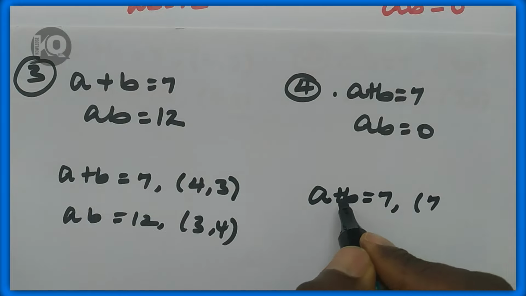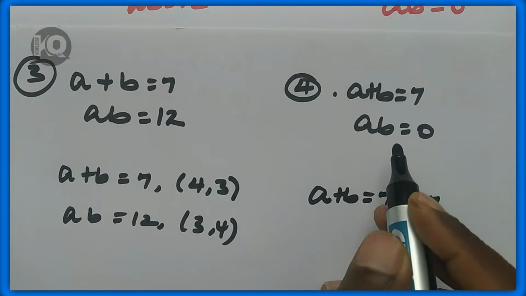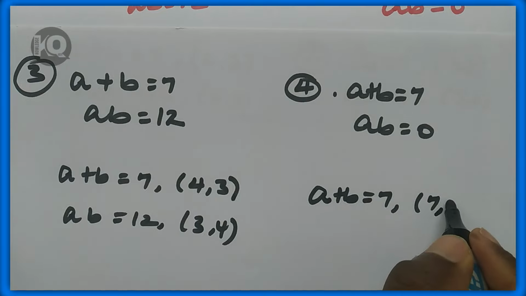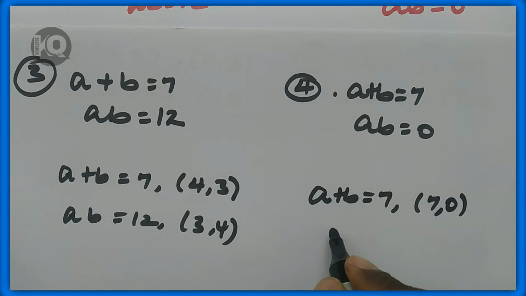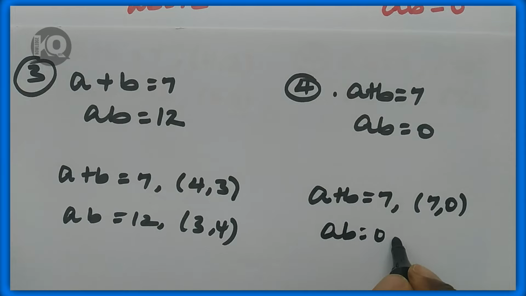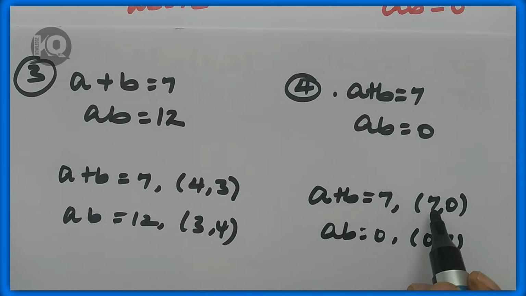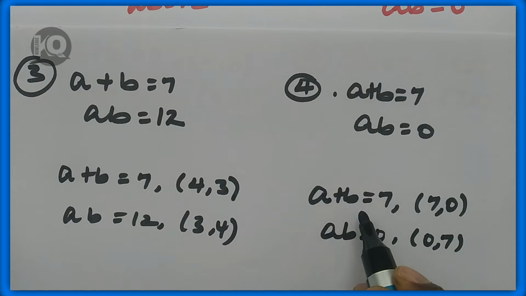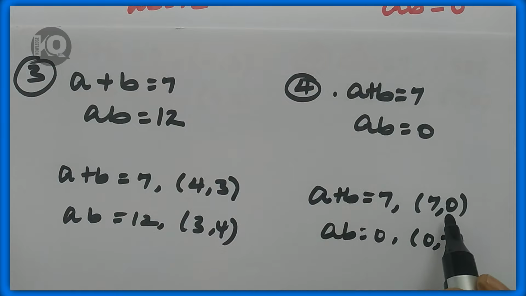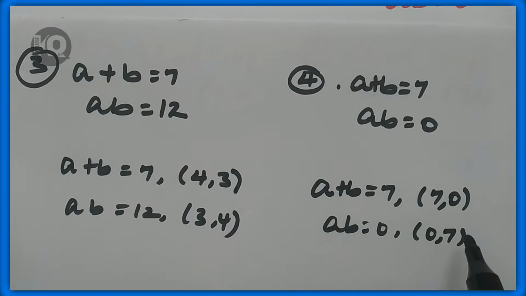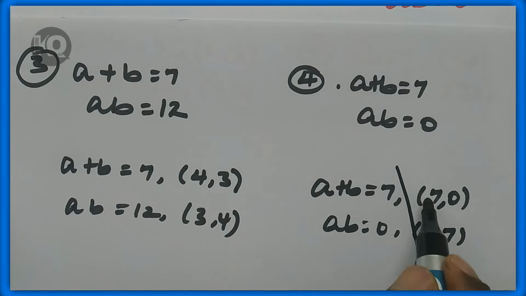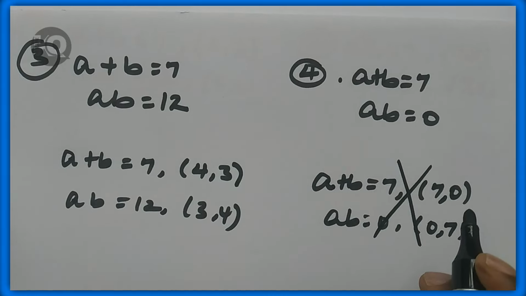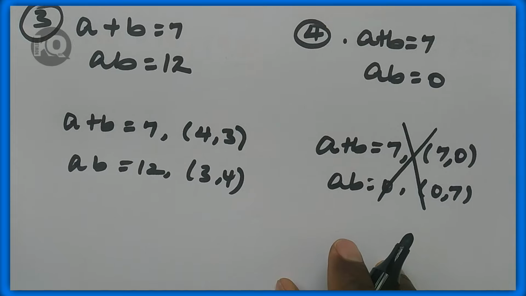The numbers whose sum is 7 and whose product is 0 are most probably 0 and 7. So a may be 7 or 0, and b may be 0 or 7, but it is not a solution because 0 is neither positive nor negative.